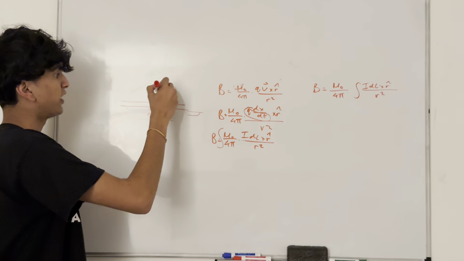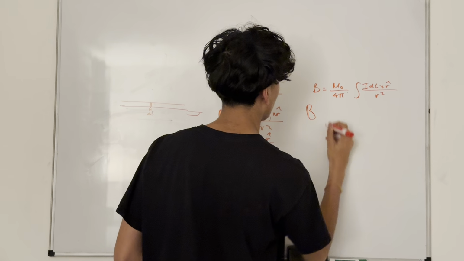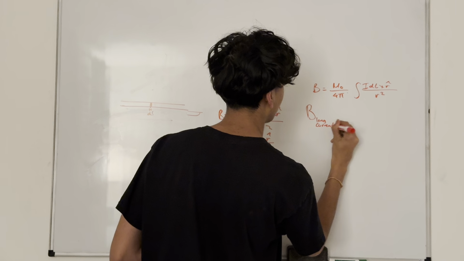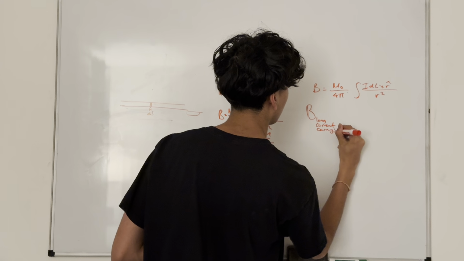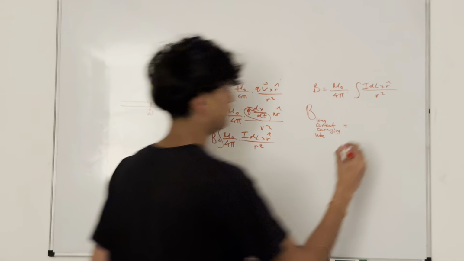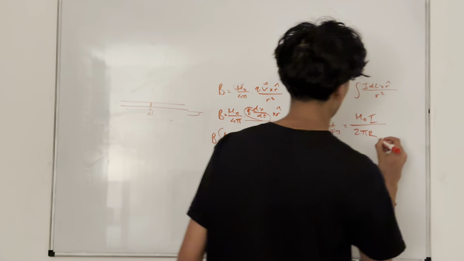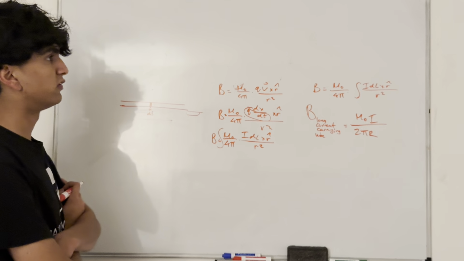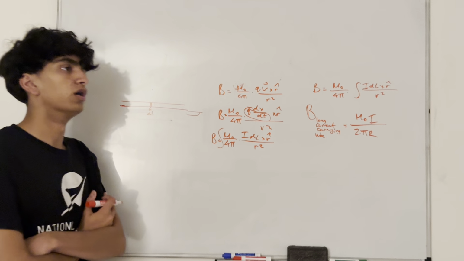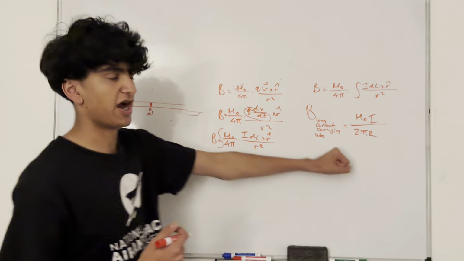Whatever you need to do, you can find that the B field, when you finish taking that integral, or using Ampere's law, the B field by a long current carrying wire is equal to mu naught times I over 2 pi r. Is that right? Yeah, this is right.